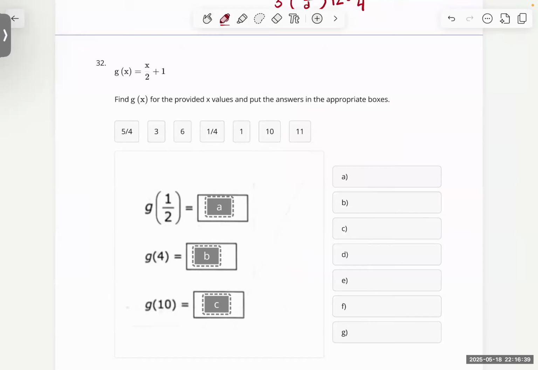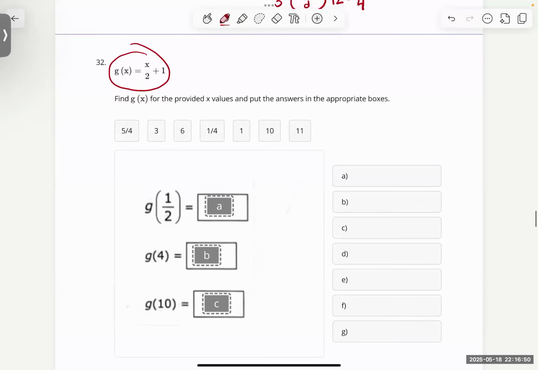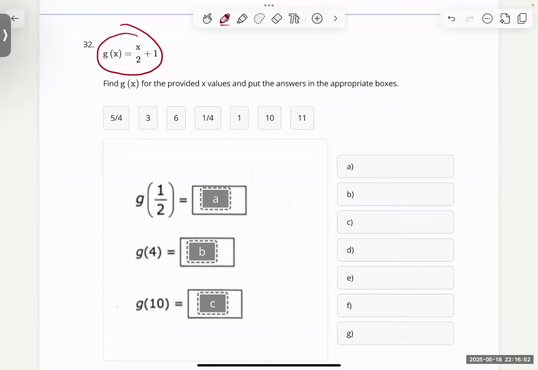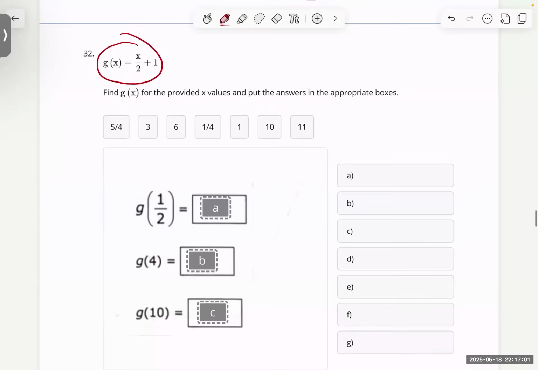Find g of x for the provided x values and put the answers in the appropriate boxes. Okay, so it's giving us this function right here. g of x equals x over 2 plus 1. So it's asking us to find g of a half, g of 4, g of 10. If you're struggling with composition functions, this is the easiest way I can explain it. Whatever is inside the parentheses of g of, or f of x, or whatever, is essentially what you plug into your function.